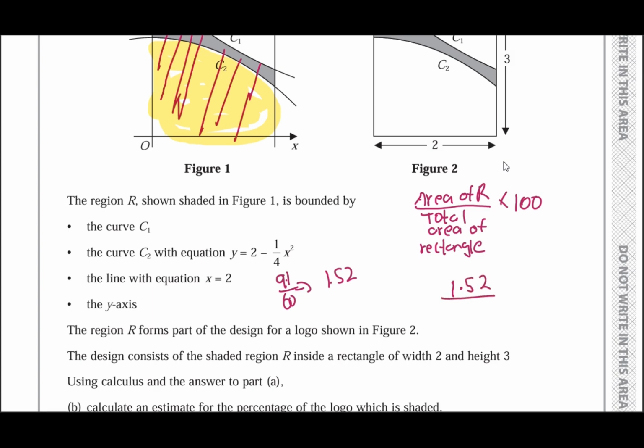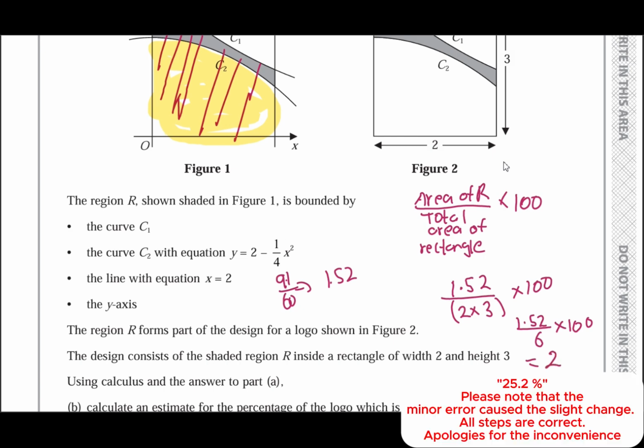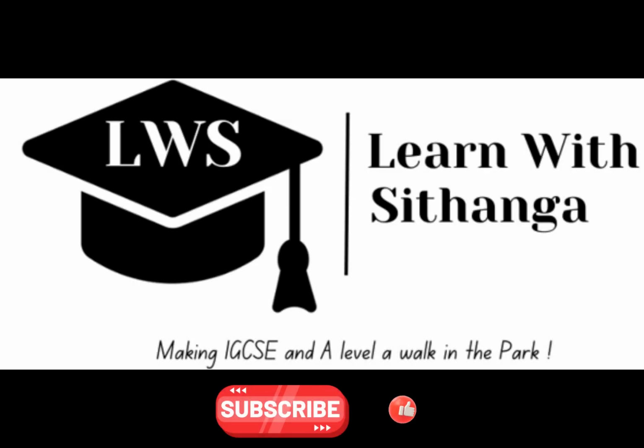The total area of the rectangle is 2 times 3, and this is multiplied by 100. So 1.52 over 6 times 100 gives me an answer of 25.28. Hope you understood, guys. Thank you for watching.